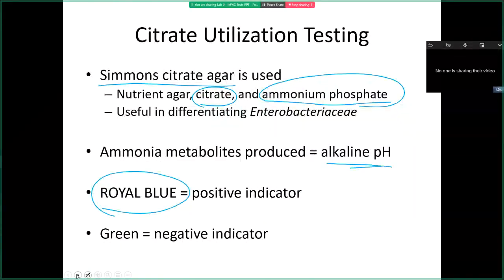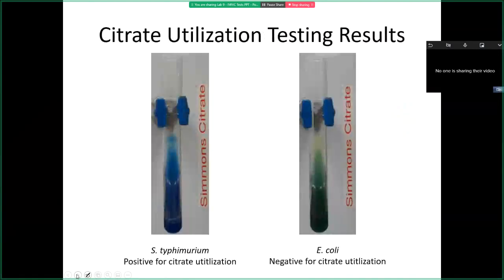It's pretty striking. So here we've got a tube with Salmonella typhimurium, and you can see this royal blue color in here. That indicates that ammonium phosphate was metabolized, the citric acid was metabolized, and it's raised the pH considerably. So this is a citrate positive organism.